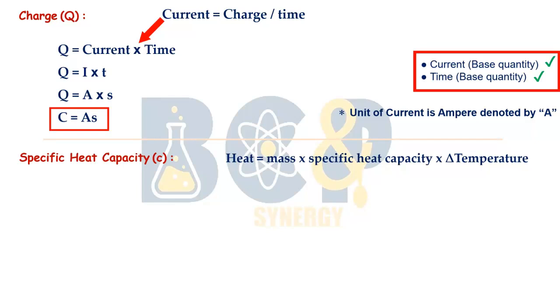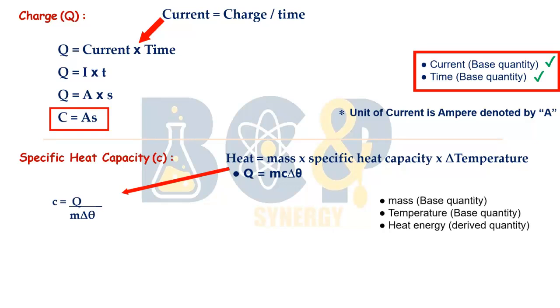The resulting formula will be specific heat capacity is equal to heat energy whole divided by mass into delta theta. Delta theta is basically the symbol of temperature, while Q is the symbol of heat energy. Because heat is a sort of energy, we can say that Q is equal to E.